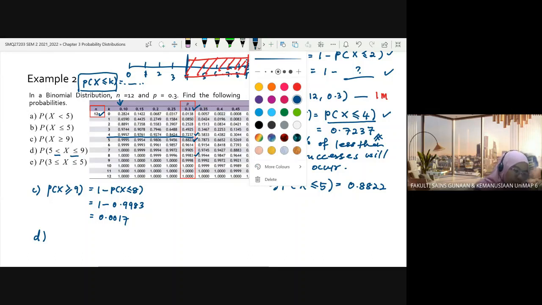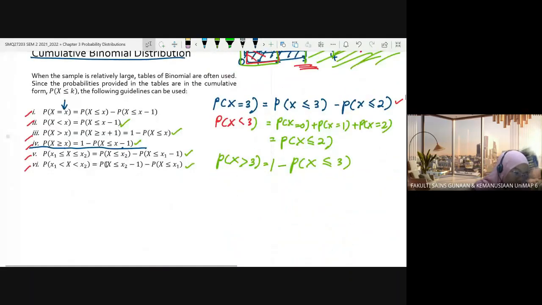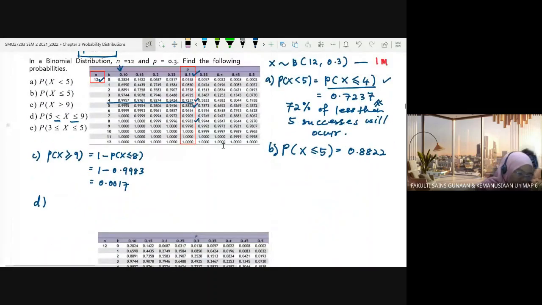If you look at your formula just now, look for greater than, less than or equal to. If we apply that rule, we can have P(5 < X ≤ 9). This will be P(X less than or equal to 9) minus P(X less than or equal to 5).